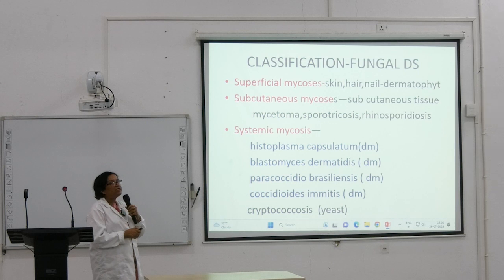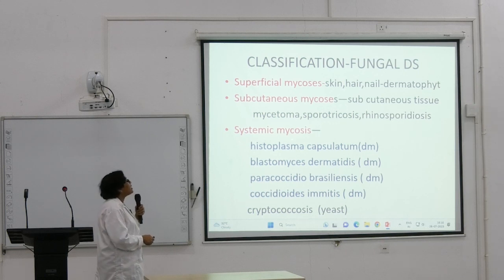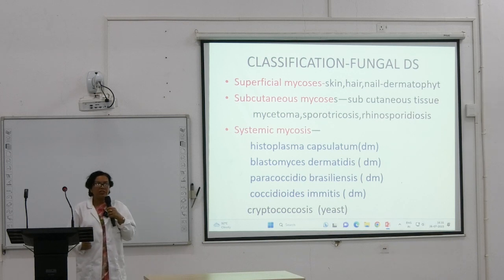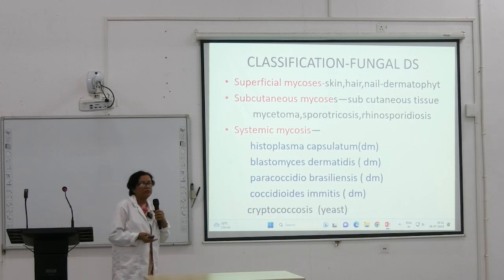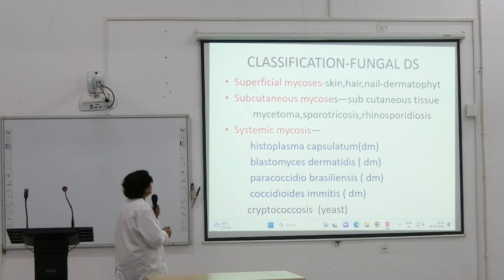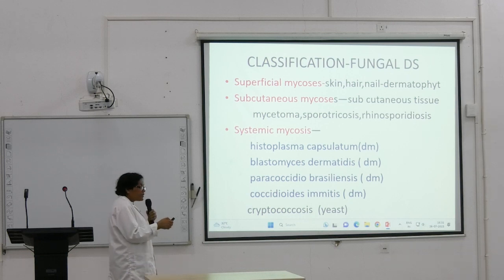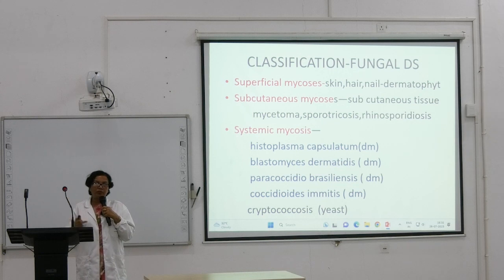Next comes systemic mycosis. Systemic mycosis, that means fungal disease which involves our system, not only skin, not only subcutaneous tissue, but system, that is brain, heart, liver, GI system, thoracic system, etc.